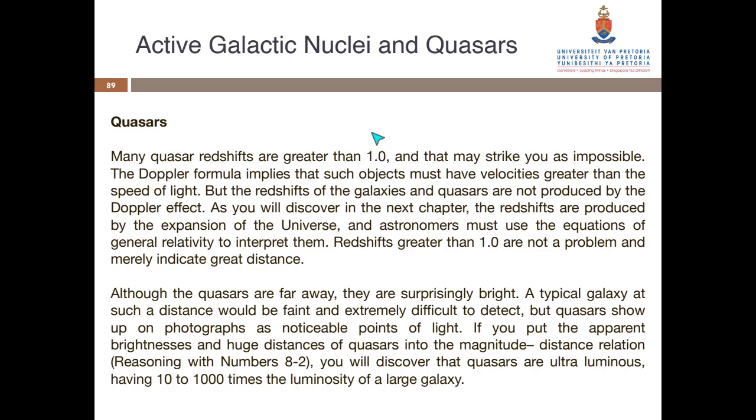Soon after quasars were discovered, astronomers detected fluctuations in brightness over times as short as a few hours. Those rapid fluctuations show that quasars are small objects, not more than a few light hours in diameter, so smaller than our solar system.